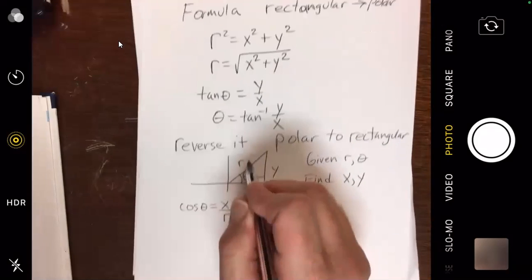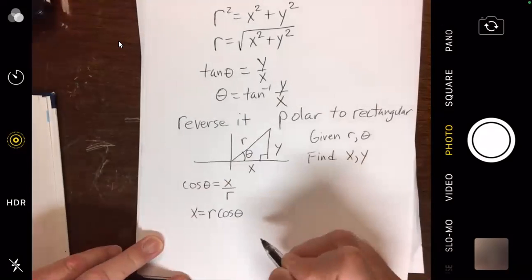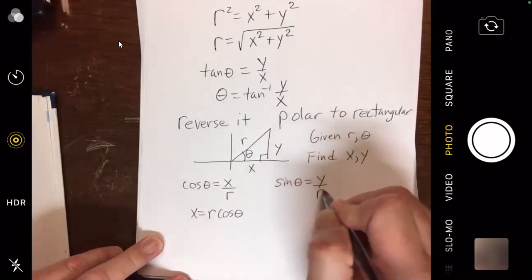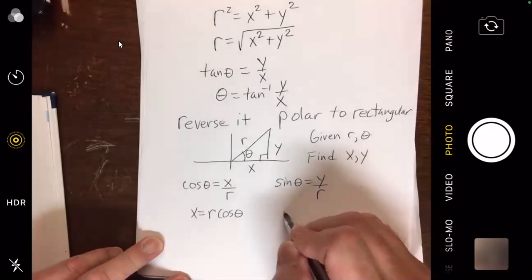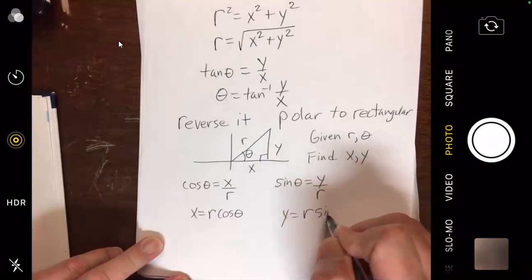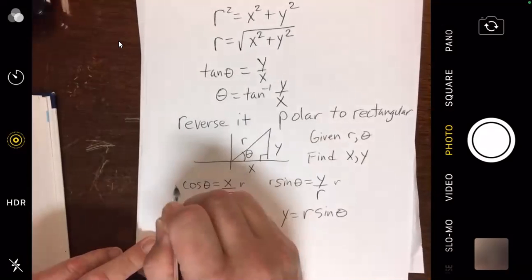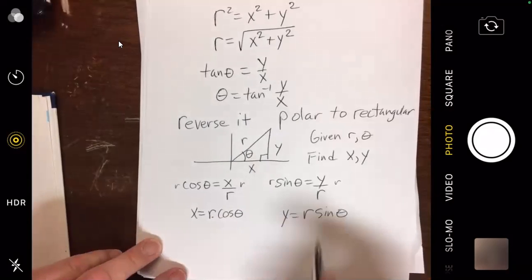This is why it's nothing but basic trig. So your X is R cosine theta. Sine theta is Y over R, opposite over hypotenuse. Y would then be R sine theta. Multiply both sides by R. And those are simple equations for X and Y if you know R and theta.